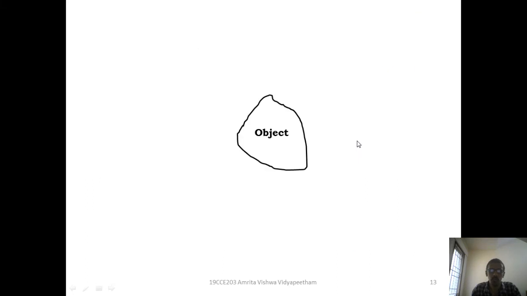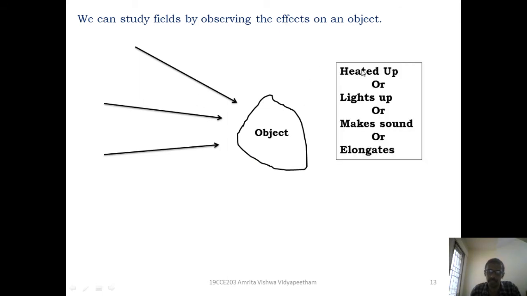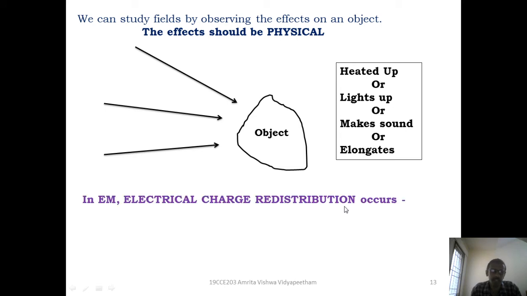So, any field study, we can study the fields by observing the effect on an object, right? If the object gets heated up or lights up or makes sound or elongates, these are all physical effects. As long as the effects are physical, you can model them easily. But in the case of electromagnetics, in due course of time, you will hear a term called electrical charge redistribution. What is it?